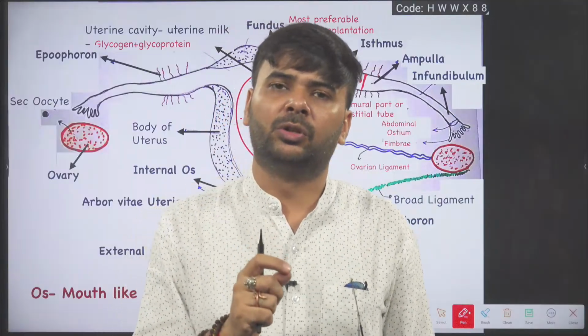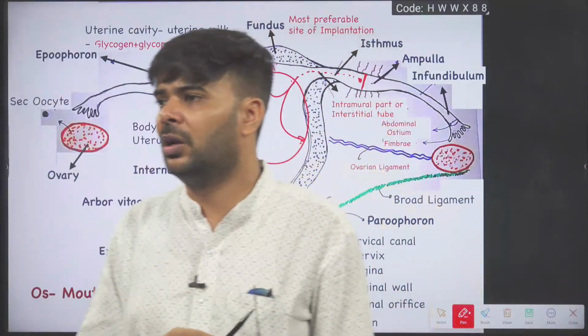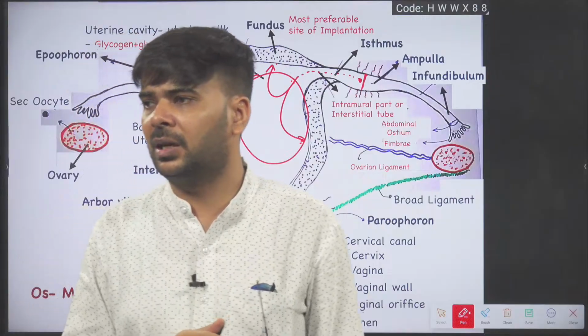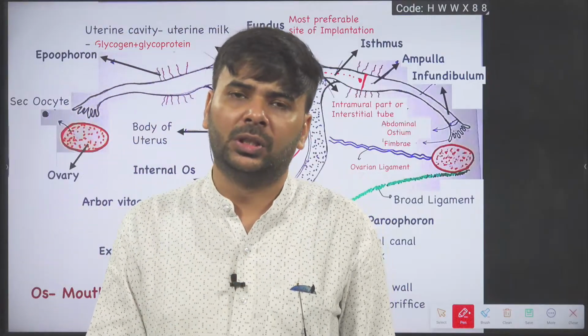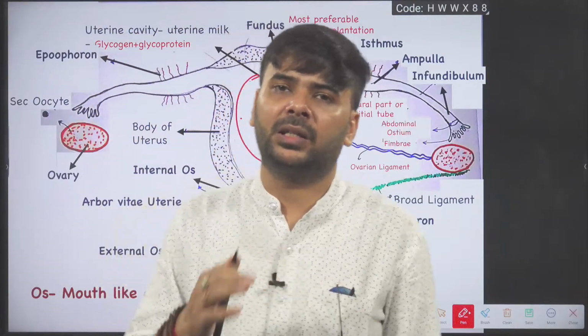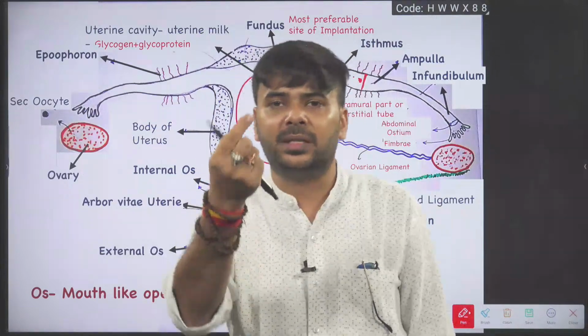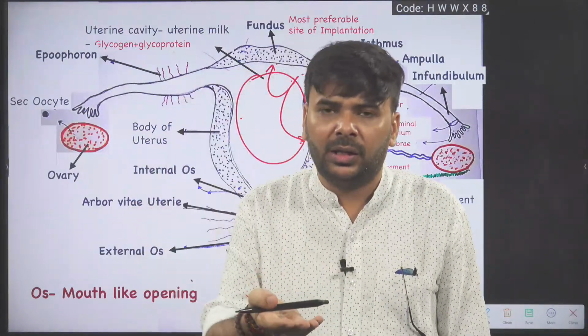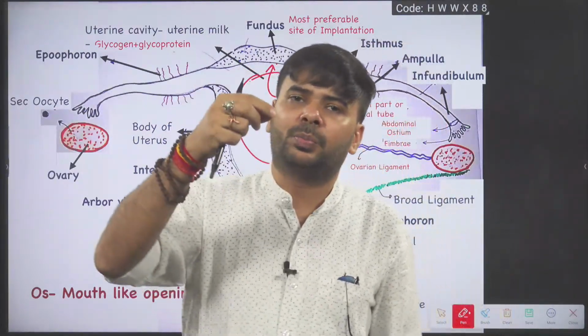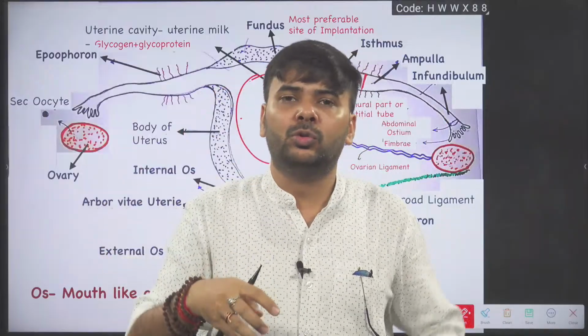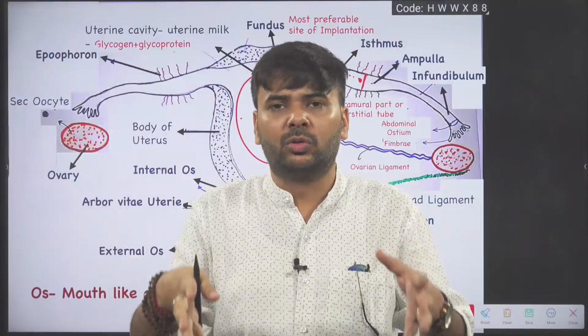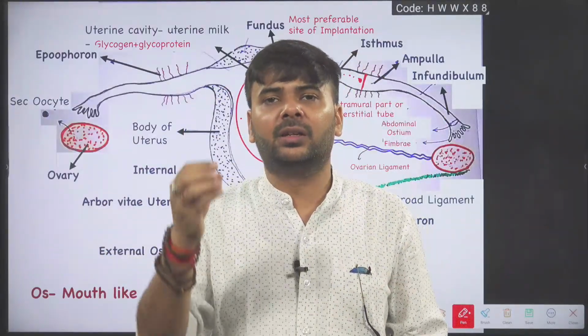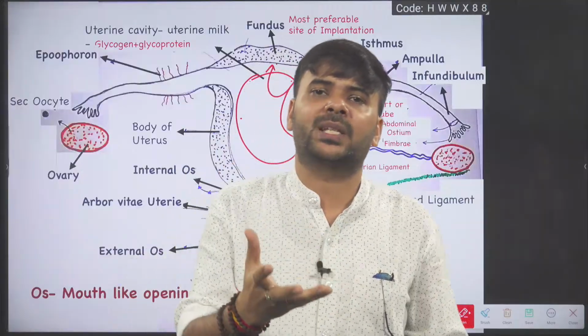Attachment of embryo to uterine wall is called implantation. Placenta, we will come to later on. Implantation is just like a seed you implant in soil and then it grows. When you implant a seed, roots develop. So the root-like structure in uterine wall is called placenta.